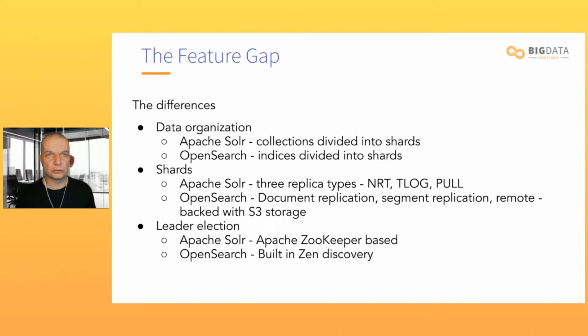In OpenSearch, we have indices that are as well divided into shards, so you can slice and dice your index or collection, whatever we call it. This is more or less the same, a virtual entity that groups shards together, and in all cases shares the same configuration over the data structure and some additional settings that you set, right? So, for example, you may have an index or collection holding your pictures or users.